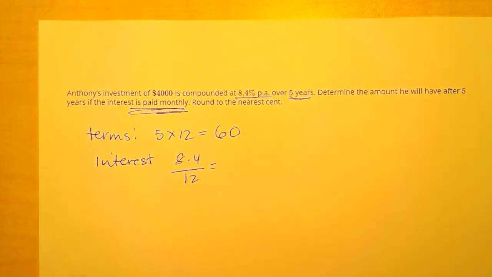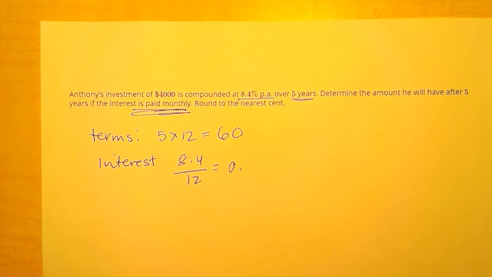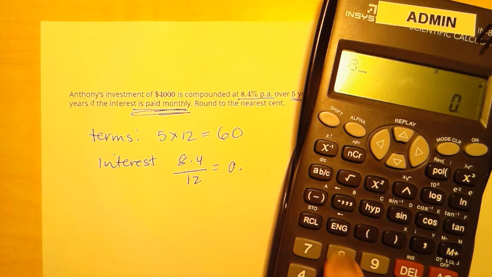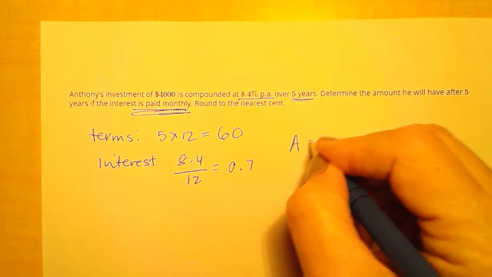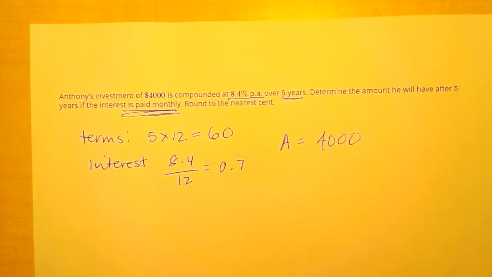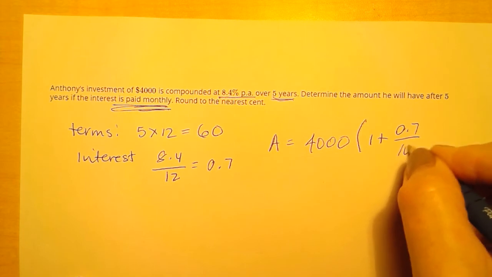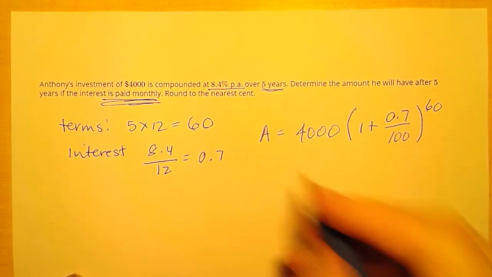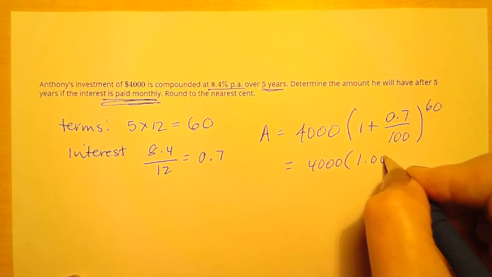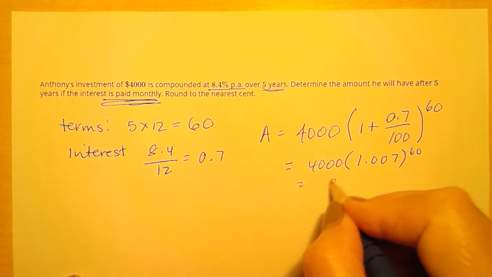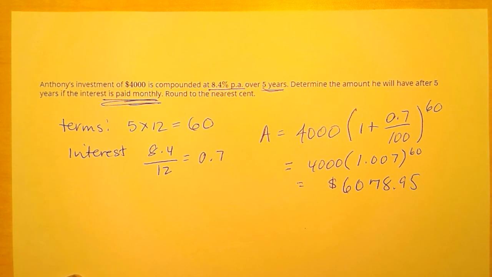Do it on your calculator, but it's 0.7, right? 8.4 divided by 12. Yeah, 0.7. So I go A equals 4,000 times 1 plus 0.7 over 100 to the 60. And I'm going to do that whole thing in my calculator. I would get 6078.95. Easy.